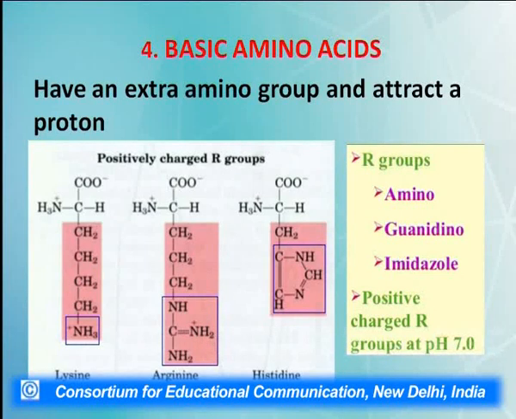Now the last amino acid which is basic in nature is histidine. Histidine has an imidazole moiety in it, and these basic amino acids have groups which carry a positive charge, because these basic groups will accept a proton and become positively charged.